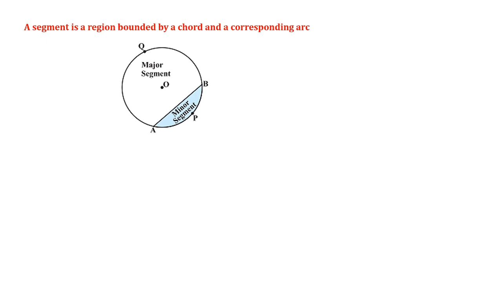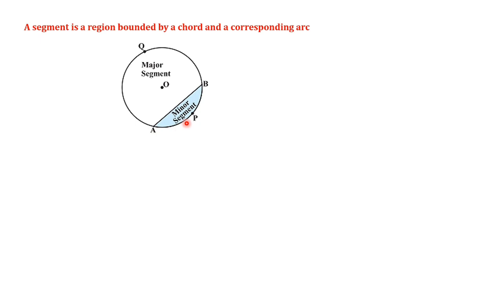If you take this chord AB, APB is one arc and AQB is another arc. There are two arcs corresponding to the chord AB, one is APB, another one is AQB. As before, according to the size we can name them minor segment and major segment.